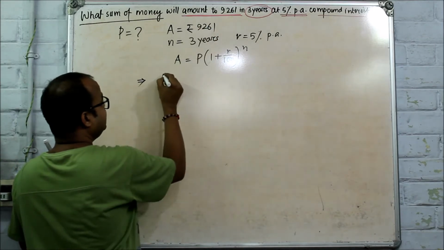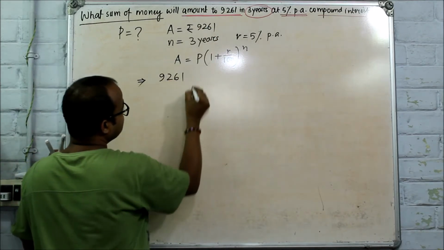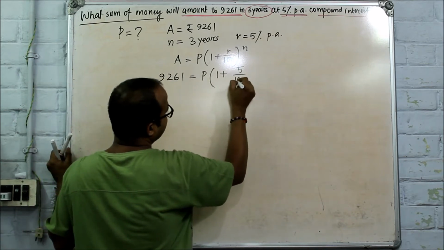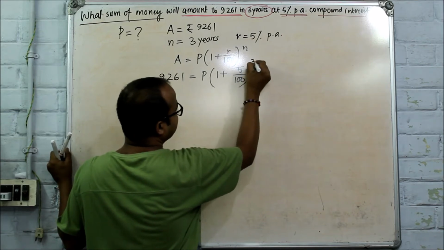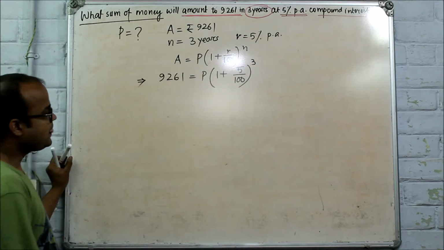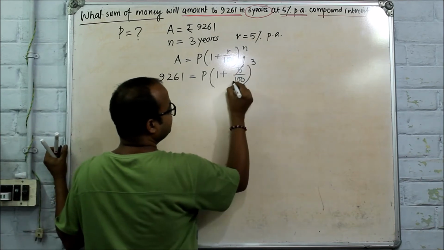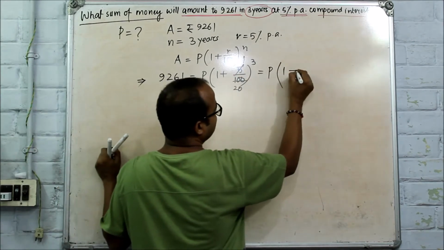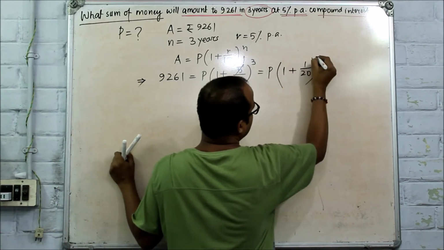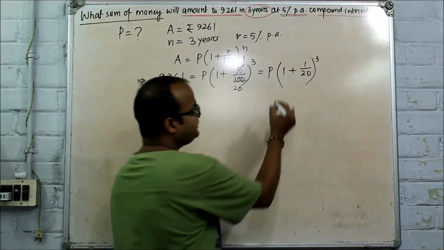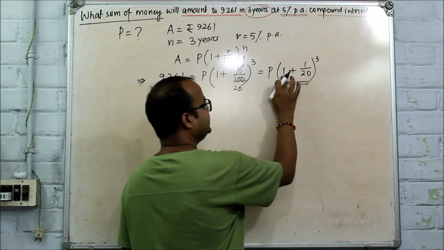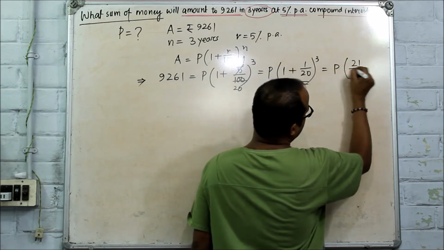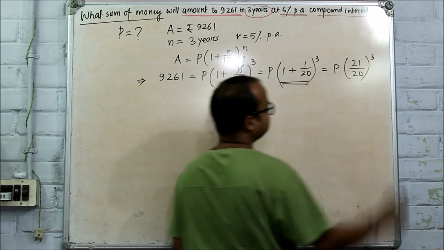So in place of A, we substitute 9261 is equal to P into 1 plus 5 by 100 to the power n, that is 3. 5 ones are 5, 5 twenties are 100, so P into 1 plus 1 by 20 to the power 3. If you simplify the term within the bracket, 20 into 1, 20 plus 1, so P into 21 by 20 to the power 3.